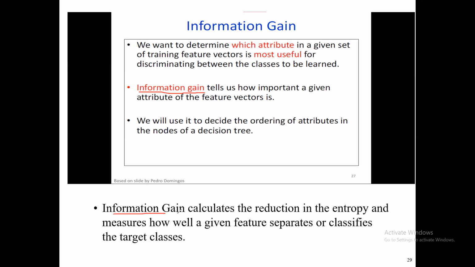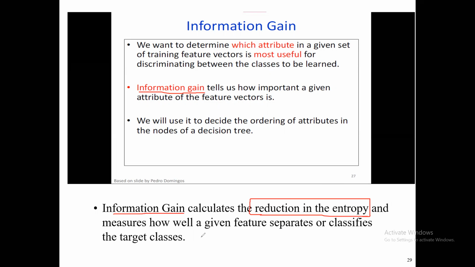Now, information gain calculates the reduction in the entropy and measures how well a given feature separates or classifies the target classes, right? So in order to measure this reduction in entropy, we needed to calculate the entropy of each of the attributes. And in order to calculate entropy, if you remember, we had to calculate the information content in a distribution, right?